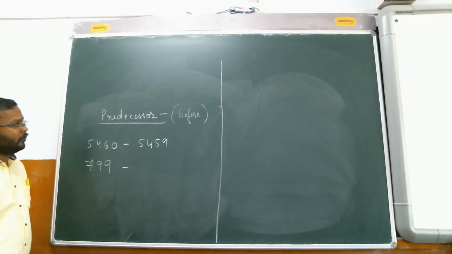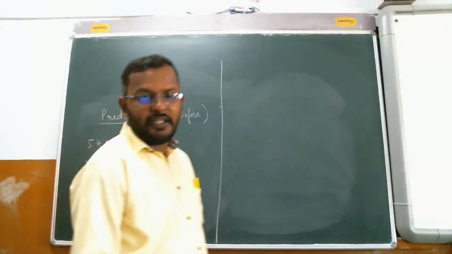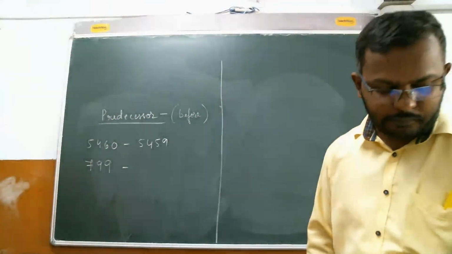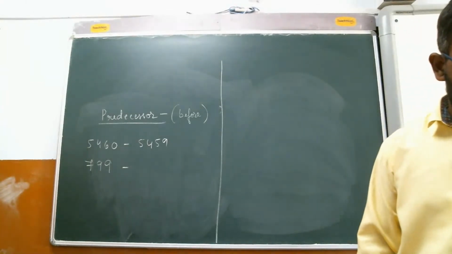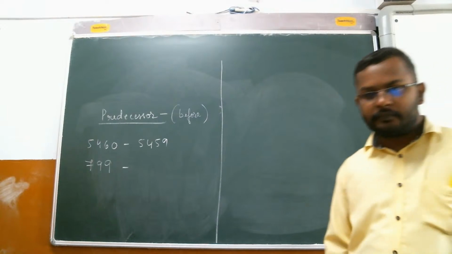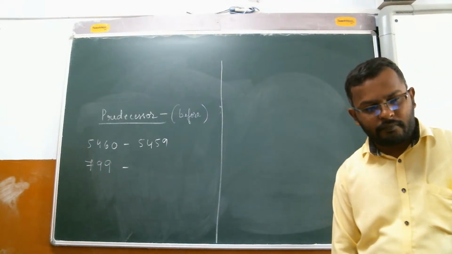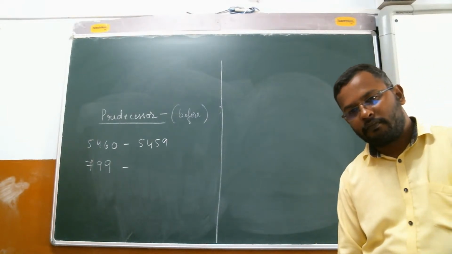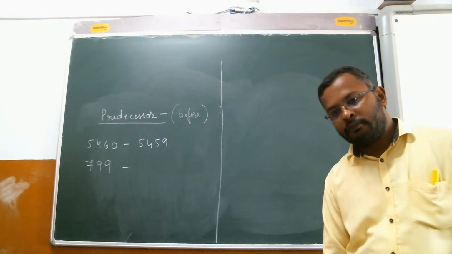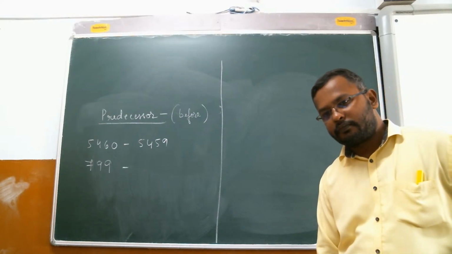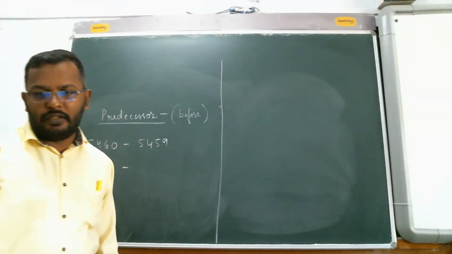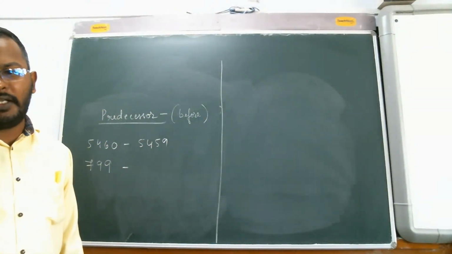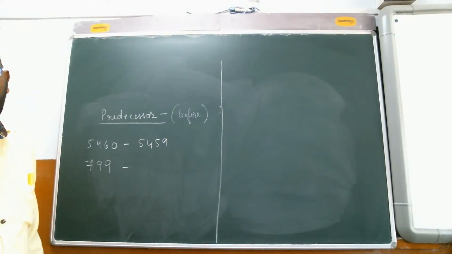Similarly, take one more example, 799. What is the predecessor of 799? All of you write it. Again we have two different answers here. Some are writing 800, some are writing 798.